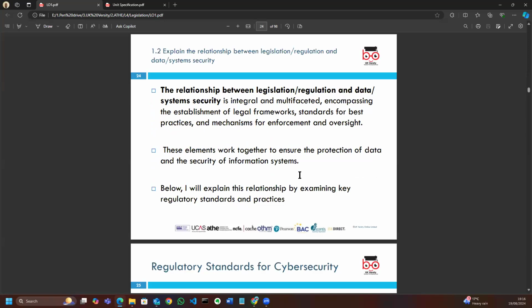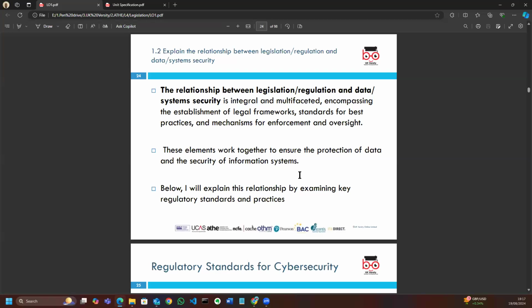So now we're going to look into explaining the relationship between legislation, regulation, and data system security. The relationship between legislation, regulation, and data system security is an integral and multi-phased encapsulation, which establishes legal frameworks, standards for best practice, and mechanisms for enforcement and oversight.